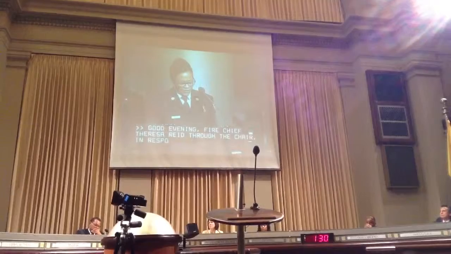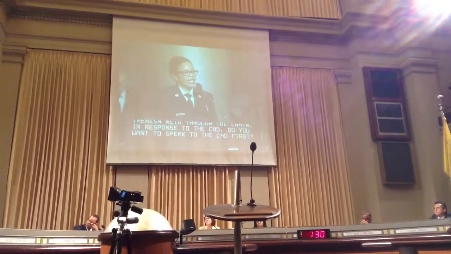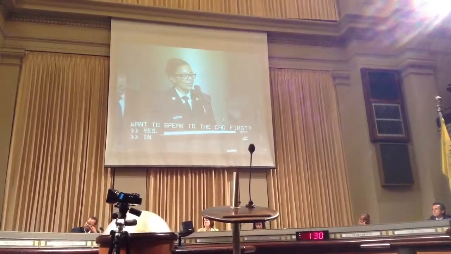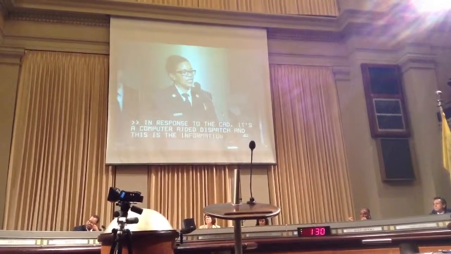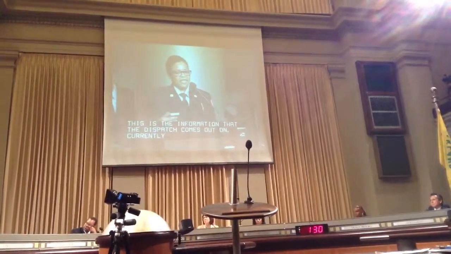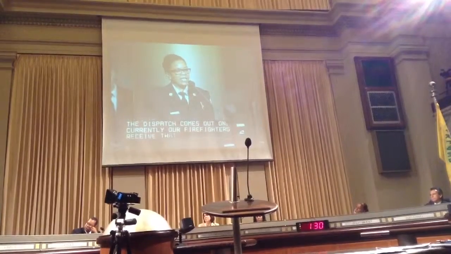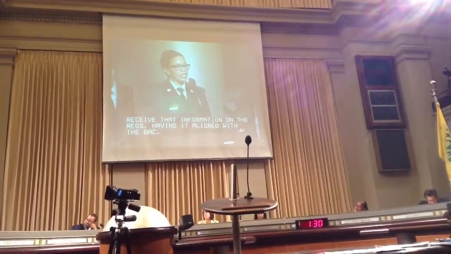Yes. Okay, in response to the CAD that I explained before, it's computer-aided dispatch, and this is the information that the dispatch comes out of. Currently, our firefighters receive that information inside the rooms on the DVCs. Having it aligned with the DAC, they will also be able to see the incident that's going on within the city.